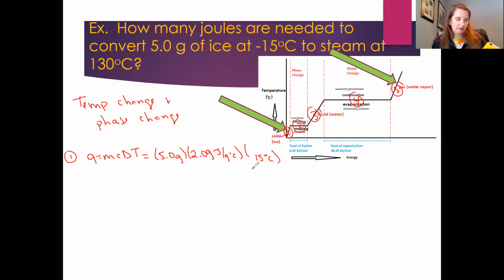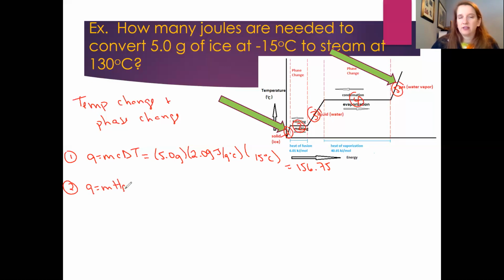So we calculate this, 5 times 2.09 times 15. Let's not round to sig figs until the very end. So 156.75. Now our second step, right here, that's where it's melting. So here it's phase change, no temperature change. When you're at the horizontal, you use Q equals M times H, whichever one it is.